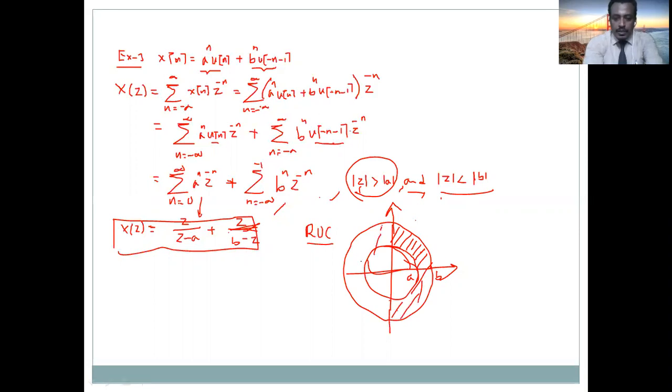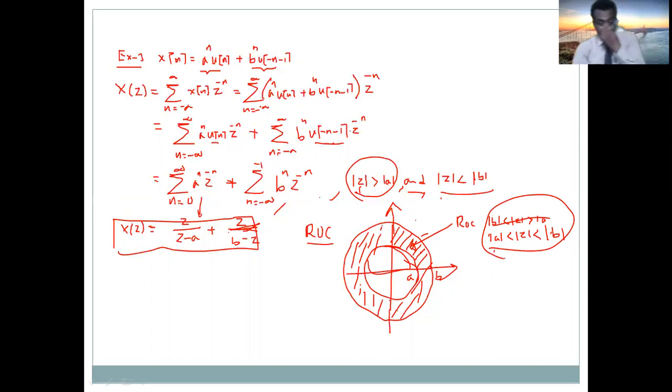So this region, our ROC, will be what? A must be less than absolute value of Z, and absolute value of Z must be less than B. So this is our region of convergence, the ROC.